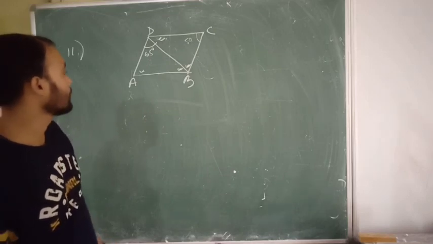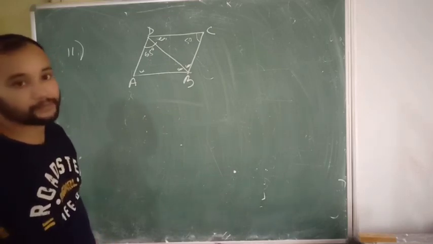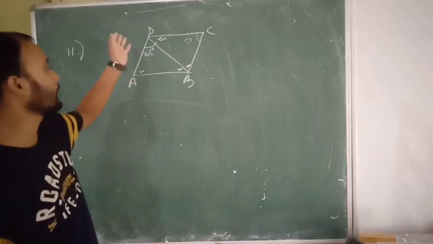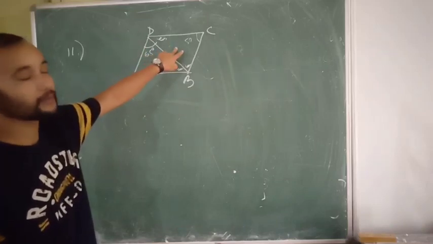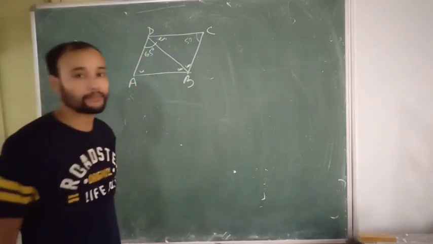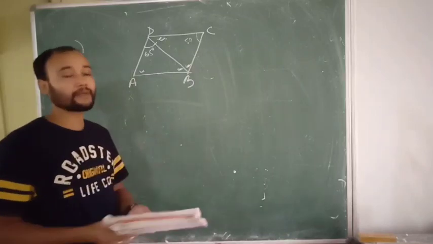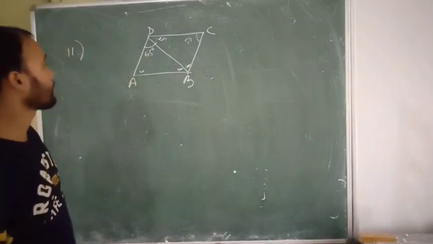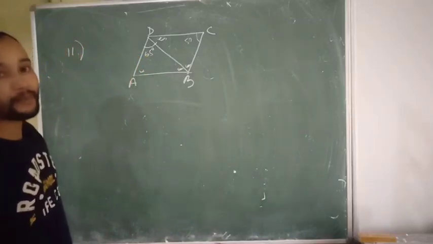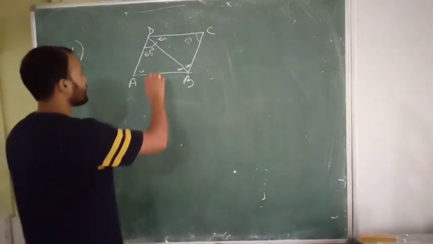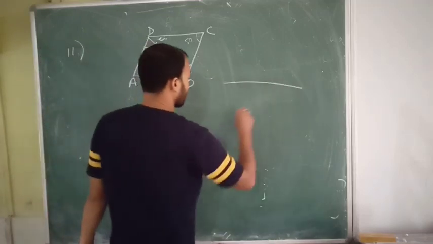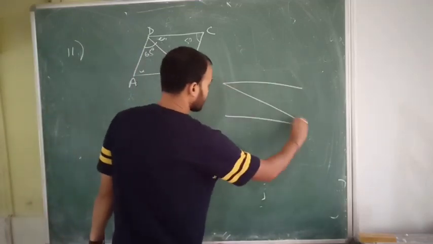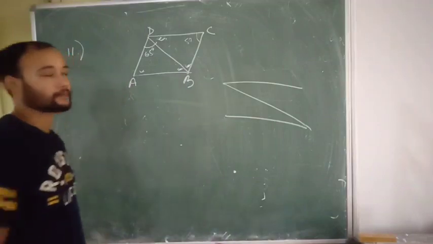Now how we are going to do this? Splitting into two triangles, or we are going to apply some concept. In my last video I told you a concept of alternate angles. You see, this is a transversal.